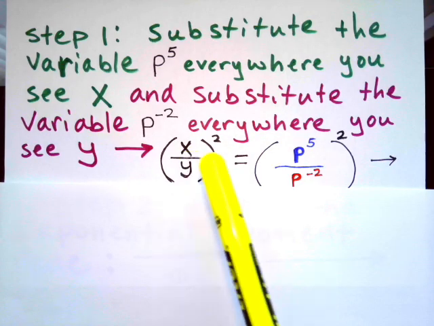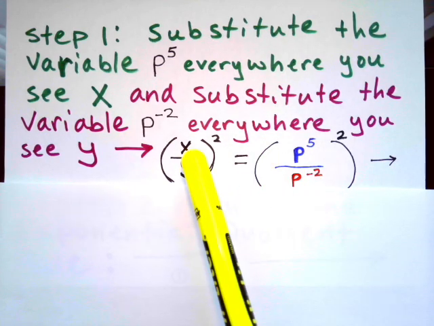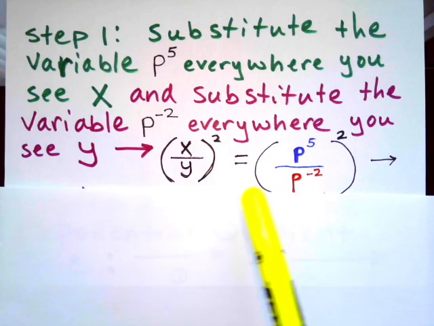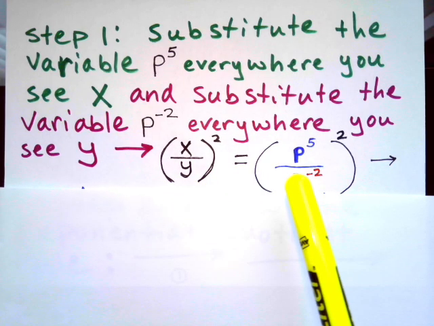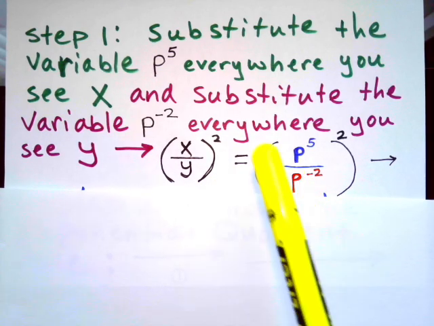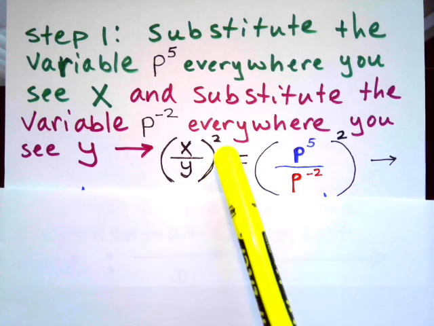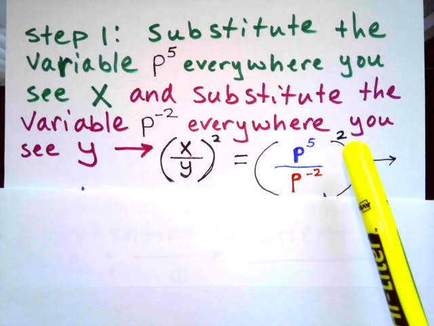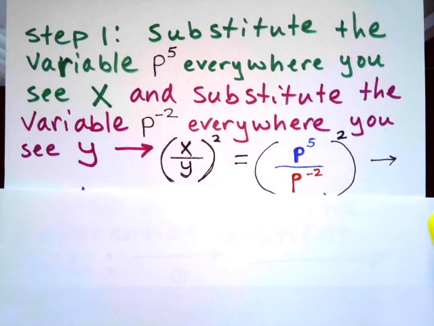Again, x is equal to p to the fifth power, so I'll substitute p to the fifth power for x. Y is equal to p to the negative 2 exponential power, so that's what I'll substitute for the y. Now, don't forget, these are both raised to the second power. You don't want to forget, because that will alter your answer.